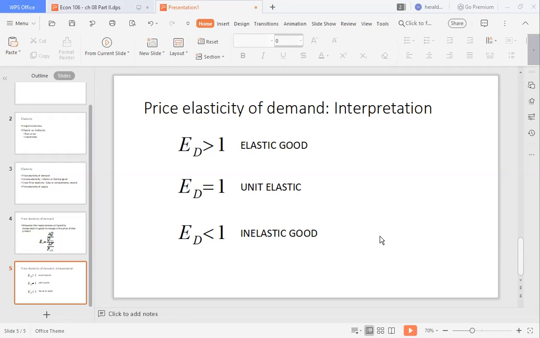But there's also another inelastic good that has been heavily studied in the literature. Recently, around 2016, 2017, there was what we call the sin tax law. The sin tax law is a tax on sugar-sweetened beverages, and also alcohol and cigarettes.